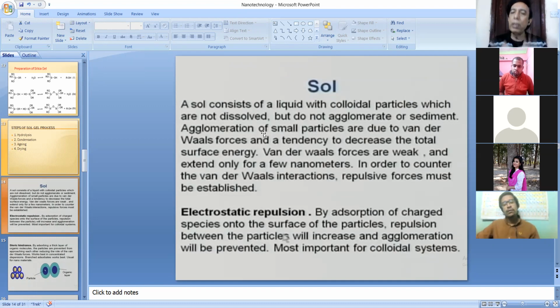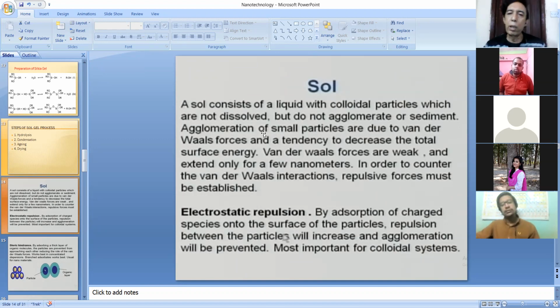We have to see that this repulsion is maintained. Otherwise, agglomeration will happen. We shall not get any nanomaterial. We will get a bulk material.